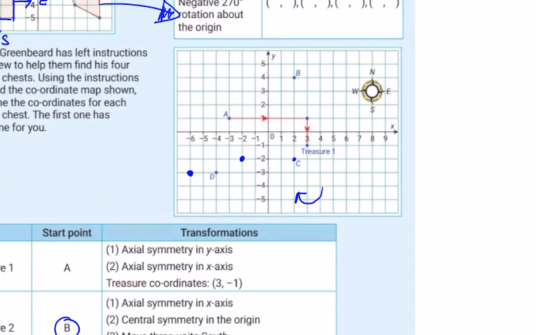Right, so positive 180. So I gotta move, what's that, 6? Go out 6, so that's a 90. That's one rotation. So up and up. Is that out, up 3 and out 3? That's a second rotation.